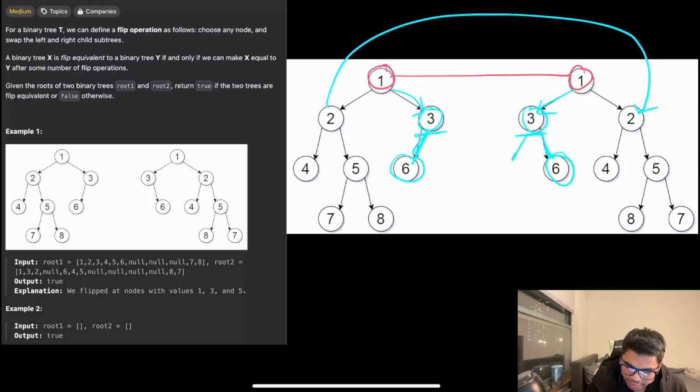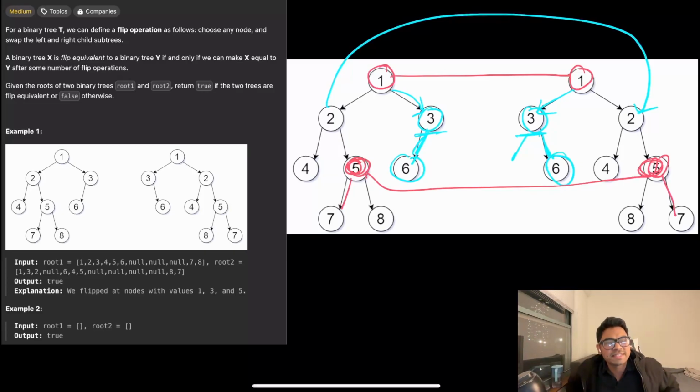Left is matching with right, and the same can apply to all the other nodes. So honestly, this is really simple. So this becomes equal to over here, and this becomes equal to the right of this. In this example, they have done a pretty good job of flipping at every node, and we can see. All right, so let's just write our solution.